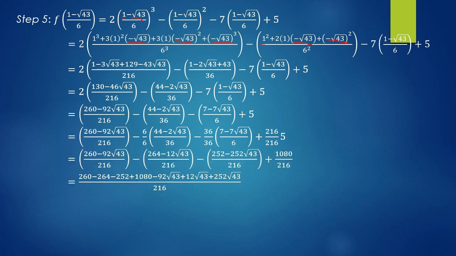So simplifying, we get the final answer, 824 plus 172 square root of 43 over 216. These are all divisible by 4, so we get 206 plus 43 square root of 43 all over 54, which is roughly 9.0.